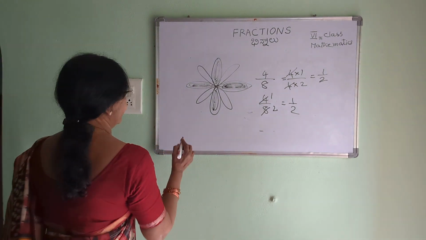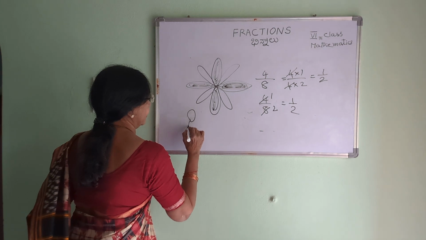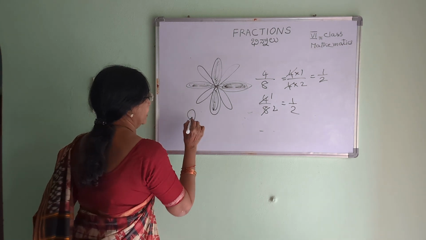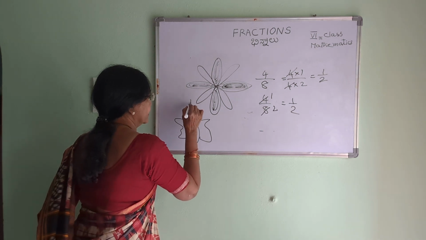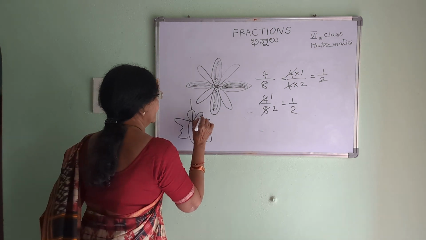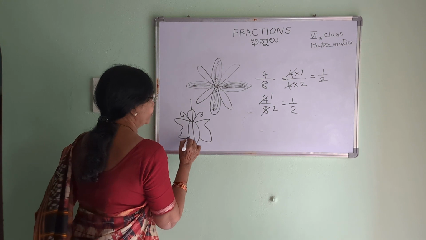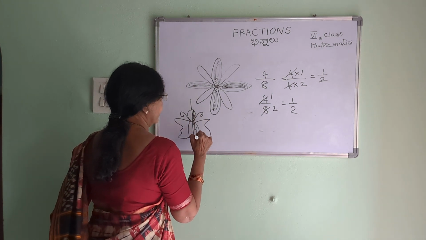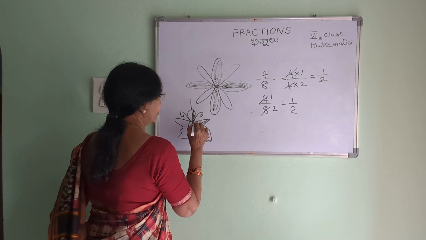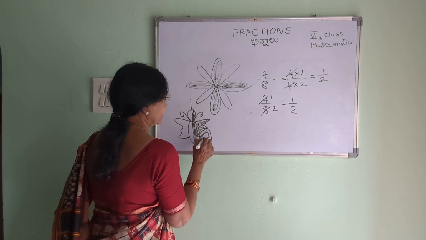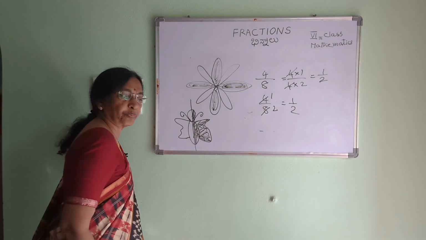Similarly, if we have a butterfly like this, this is divided into exactly two parts, and one is shaded. What is the fraction that represents the shaded portion?